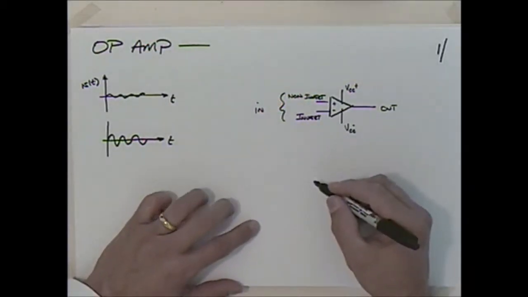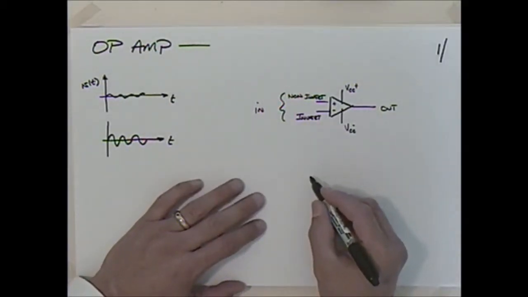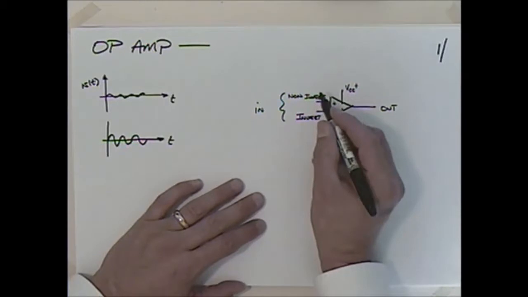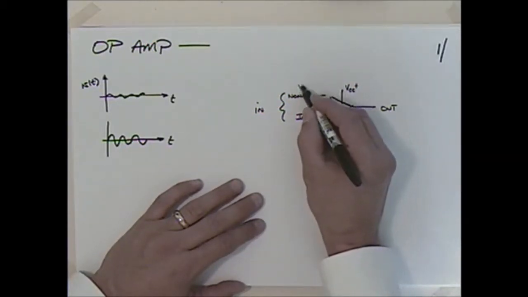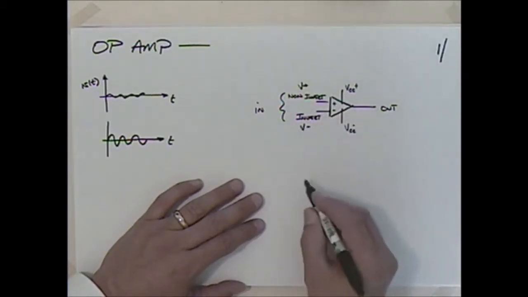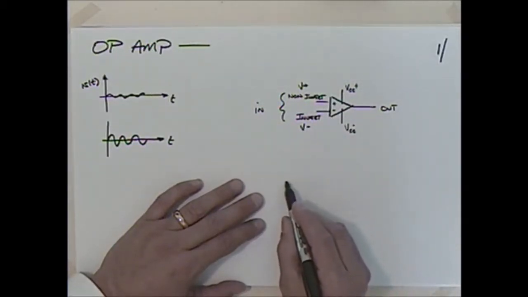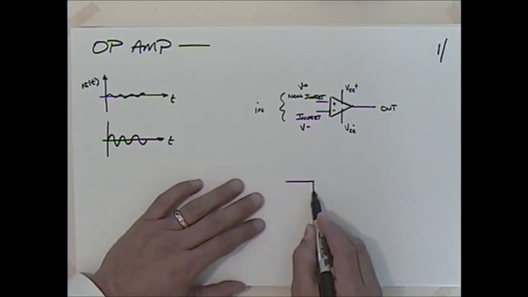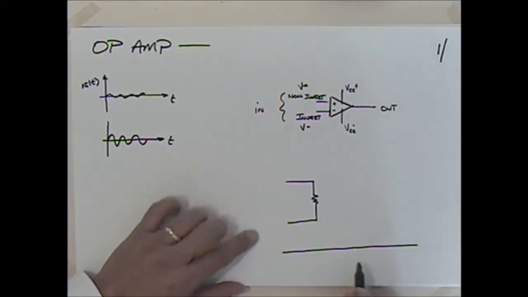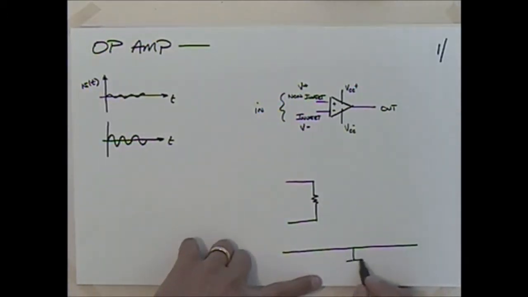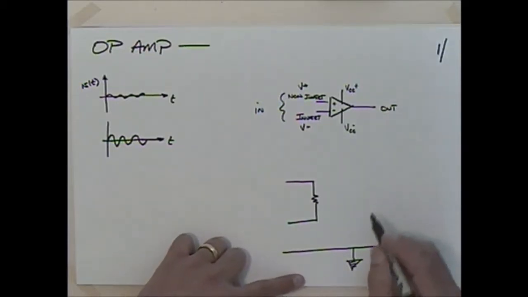What this looks like on the inside is one way to model this. We could talk about this as being the V plus and V minus. And if I were to put this into a circuit model like we might recognize, everything's going to be referenced off of a ground like this.